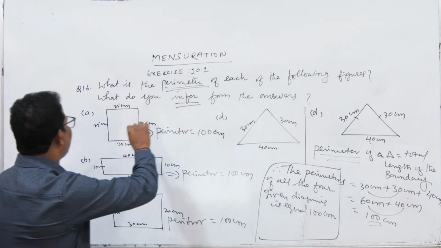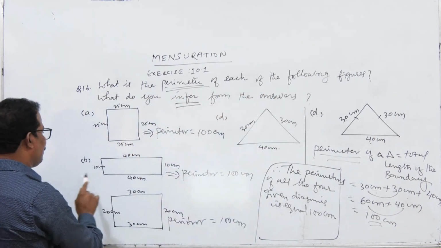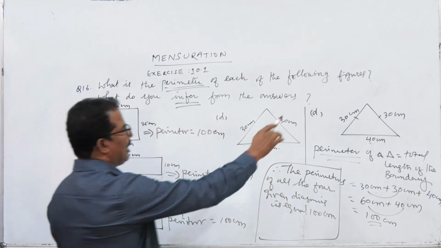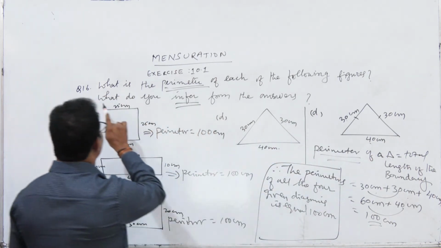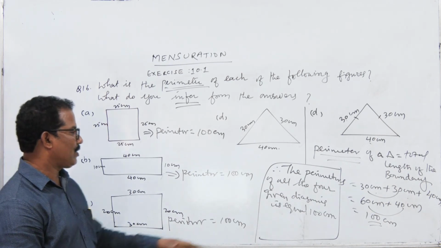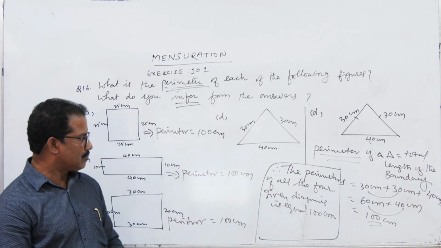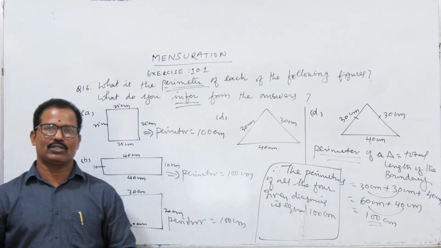So in this question, the perimeters first we find separately. So for A also 100, for B also 100, for C also 100, and for D also 100. So according to the second part of this question, what information we got here? The information is that the perimeters of all the four given diagrams is equal to 100 centimeters only.